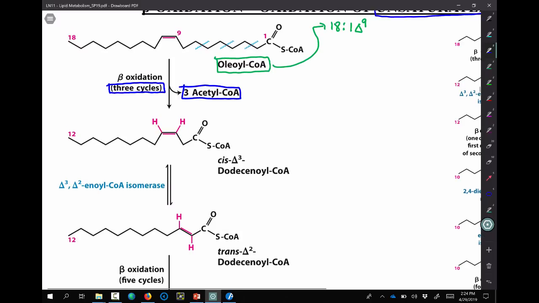Now what you're left with, because you're cutting here, here, here, is something at the end of that 3rd round, and this is the start of the 4th round. So I'll put that start of 4th round. You're left with this product that is not a substrate for acyl-CoA dehydrogenase. So this is not a substrate.